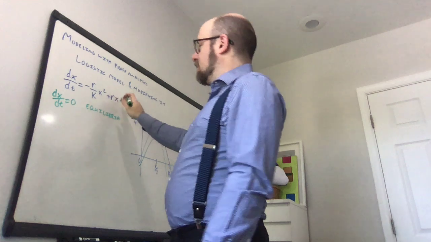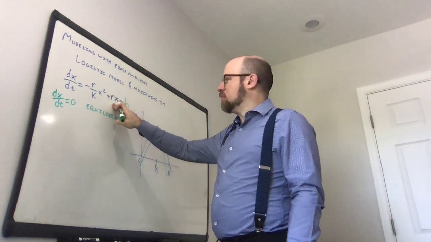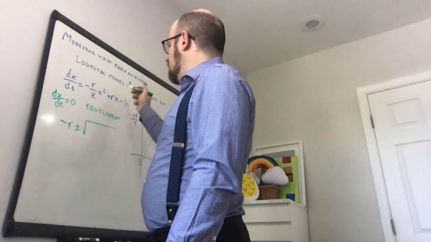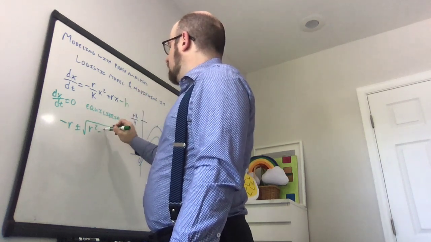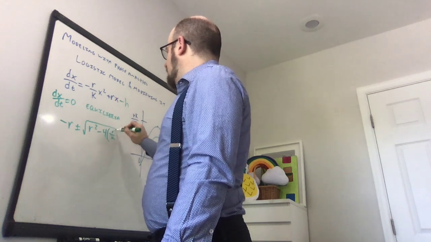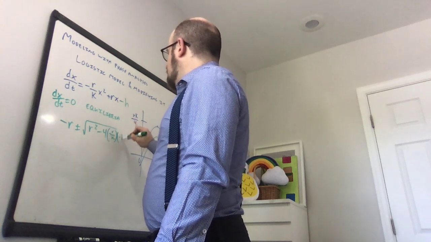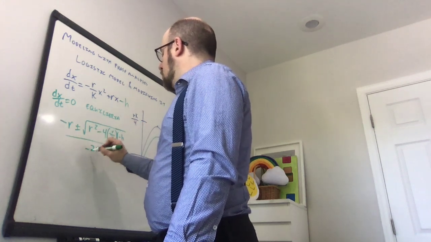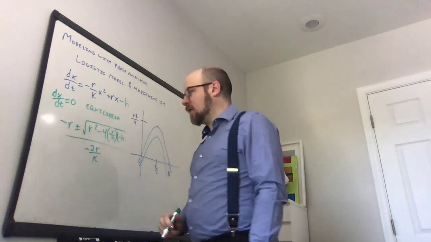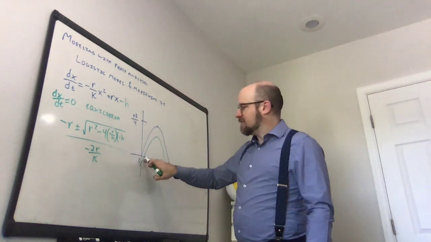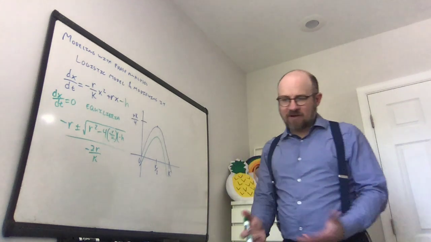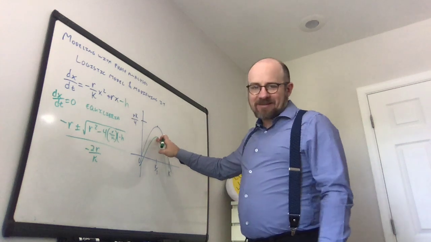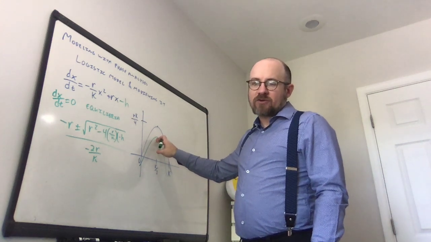You can find the places where this is equal to 0 using the quadratic formula. So negative r plus or minus the square root of r squared minus 4 times negative r over k times negative h, all over negative 2r over k, right? That's going to give you a formula for this point and this point. And if you've got specific numbers, you can figure out what those are. Find your equilibrium. You can find your maximum derivative by plugging in k over 2.